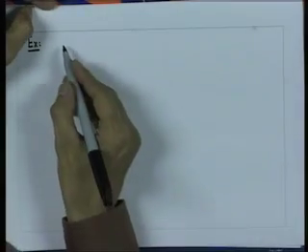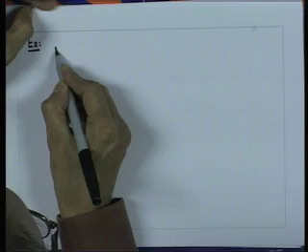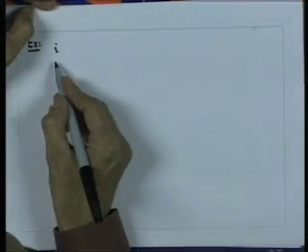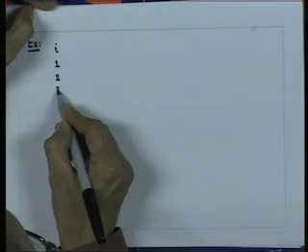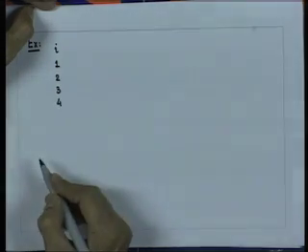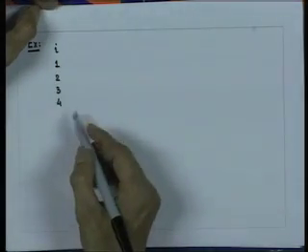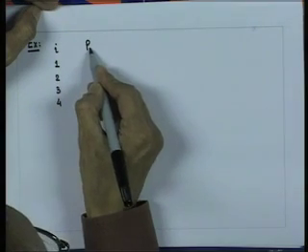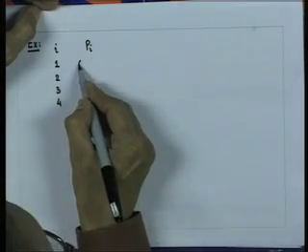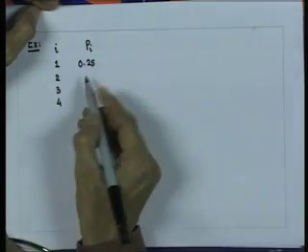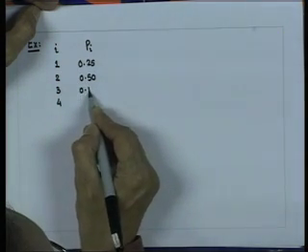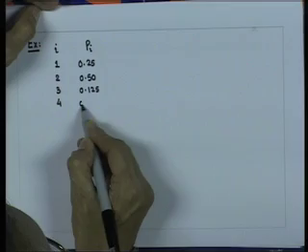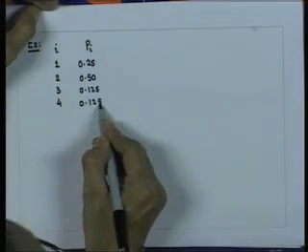So, let us assume that we have a source consisting of 4 source symbols. They are identified by this mapping as 1, 2, 3, 4 with pi given as 0.25, 0.50, 0.125, 0.125.